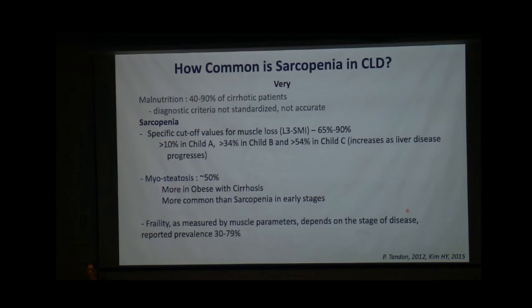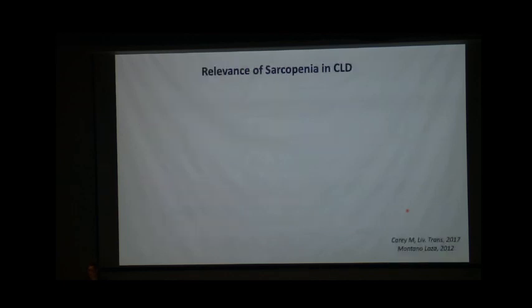There is more than 10% sarcopenia in Child A, more than 34% in Child B, and more than 54% in Child C. Myosteatosis is more in obese patients, approximately 50%. Frailty is measured by muscle parameters, depends on the stage of the disease, and is reported to be present in 30 to 79%.